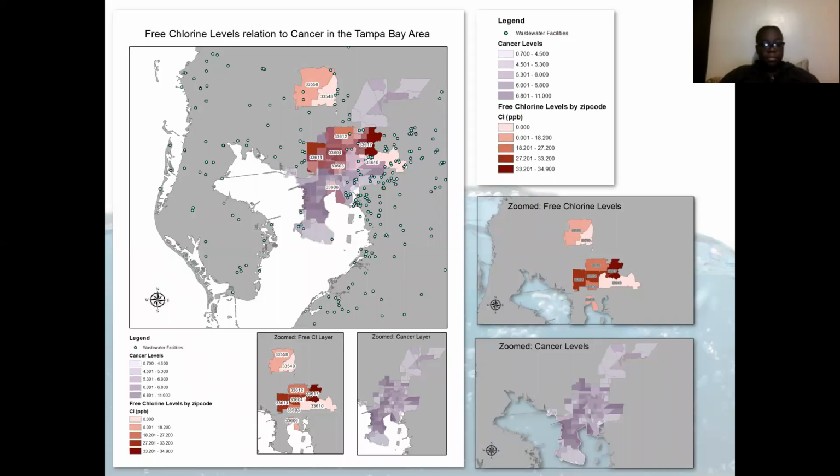For the chlorine levels, the dark red is the highest, and for the cancer levels, the dark purple is the highest. We got the cancer levels by census tract through government affiliated websites. For the free chlorine levels, we went out and tested them ourselves. I labeled them by zip codes so it's easier to understand, and I separated out the maps so that you can see each individual map.